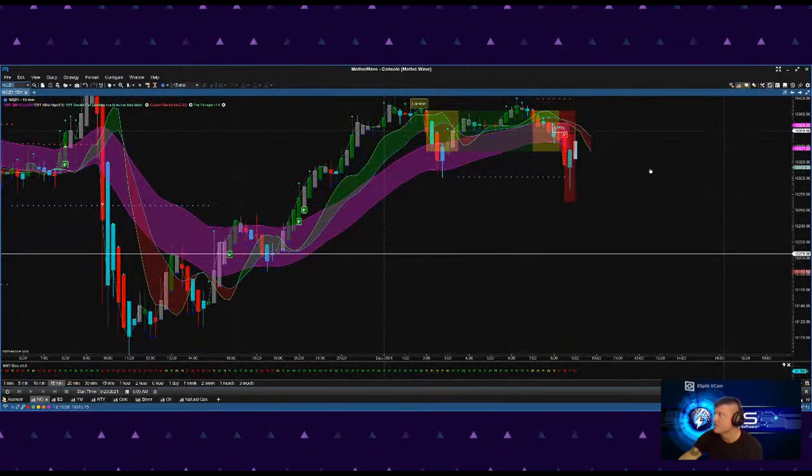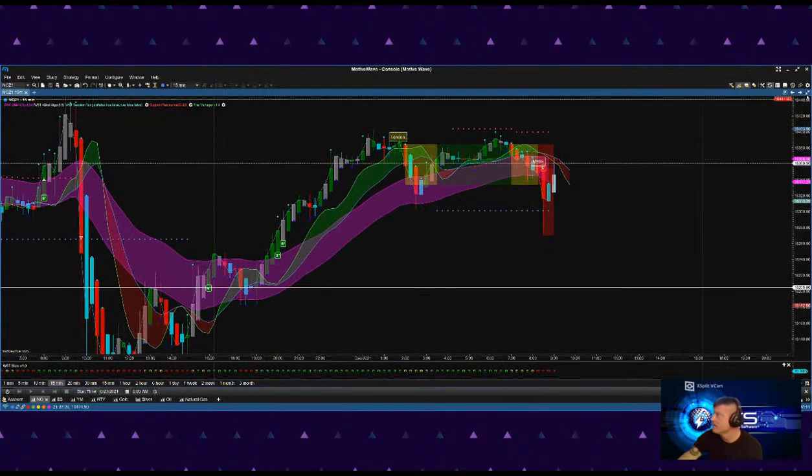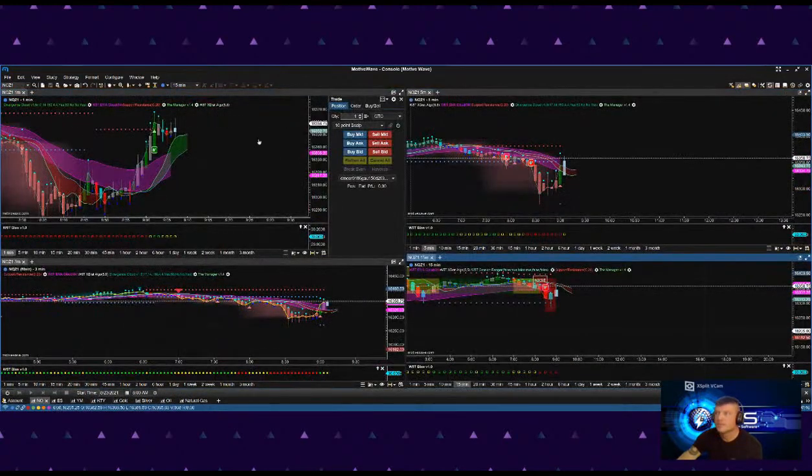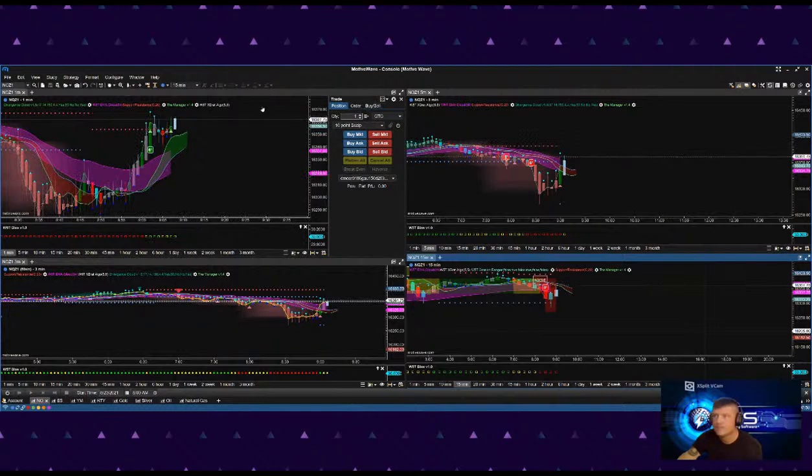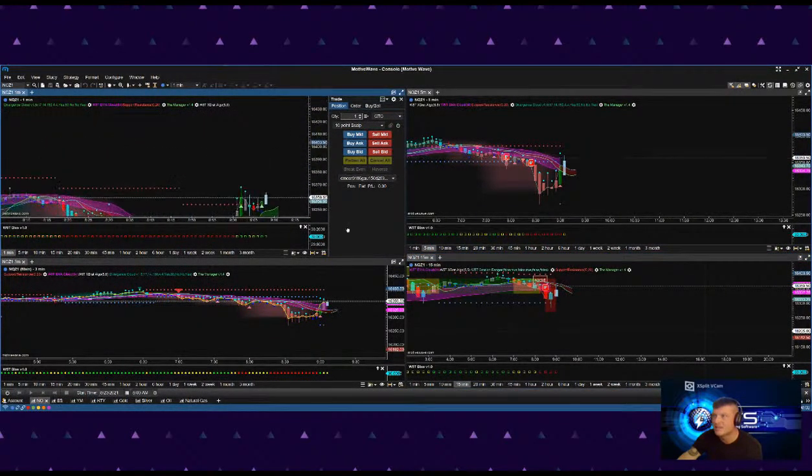So he's back over here to the NAS. And we're hitting some resistance right here. Now I'm looking for the break and close above at least this local 67, but it looks like 70-ish.